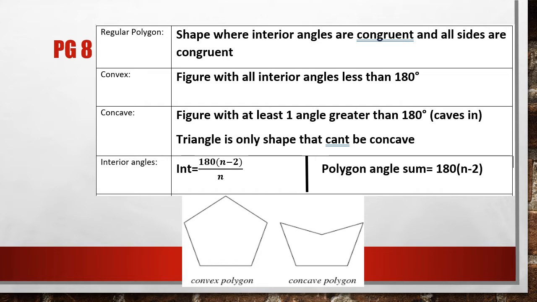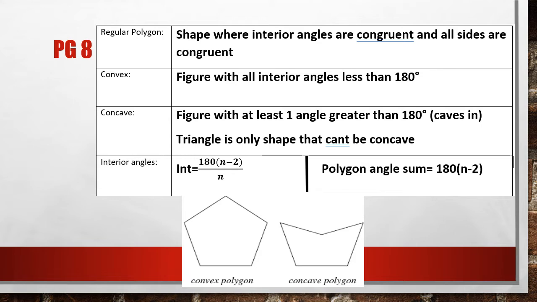So that would give me each individual angle. Now, if I want to know how many degrees the inside would be in total, then I would just do 180 times n minus 2, where n is the amount of sides.